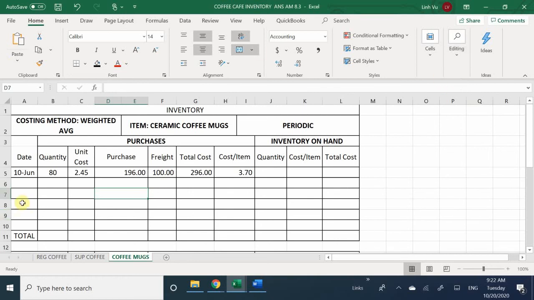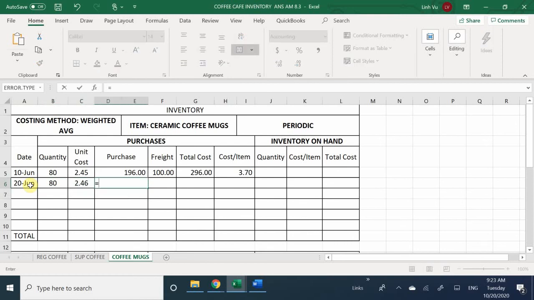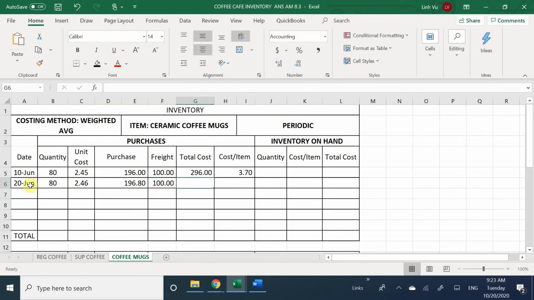Quantity 80 at 246.60. This is 196.80. Right? Inventory, that's 296.80.